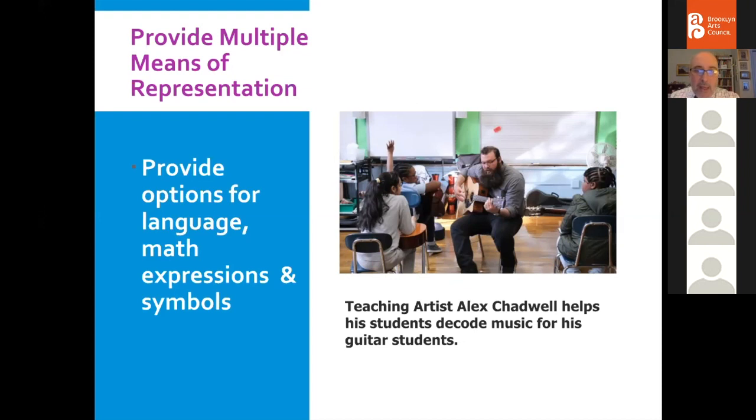Understanding how to break that down is one reason why learning an instrument is one of the most challenging things to do, and one of the most engaging for your brain, because you're using so many different parts of your brain. So how are you helping the students understand language, expressions, and symbols in your art form?